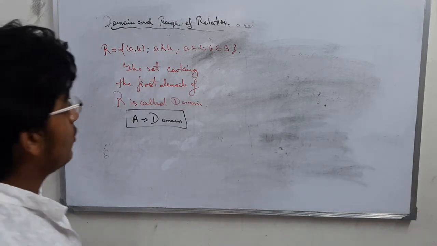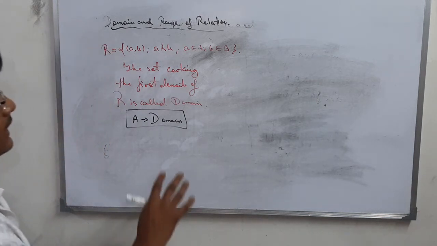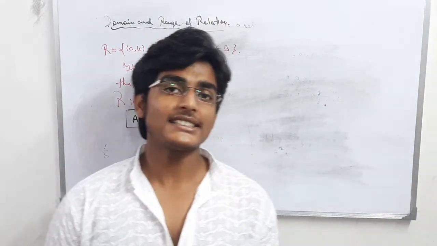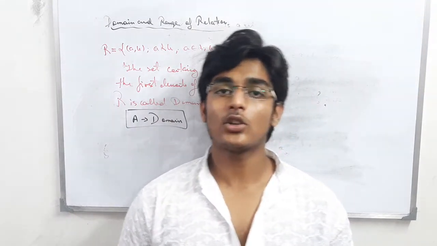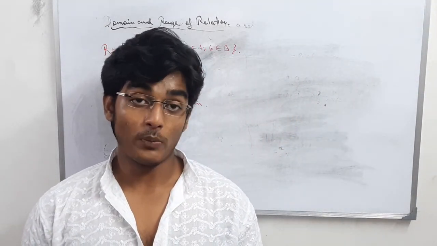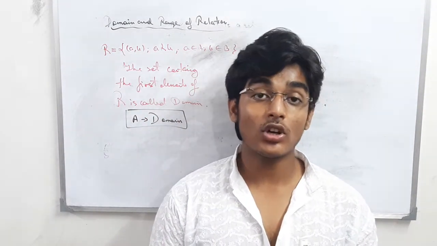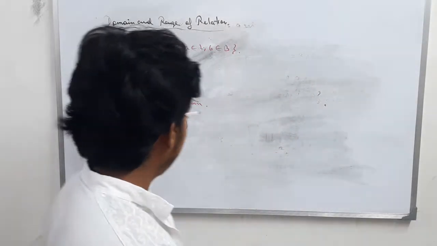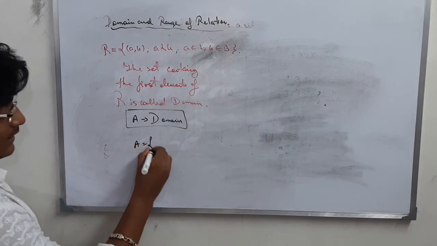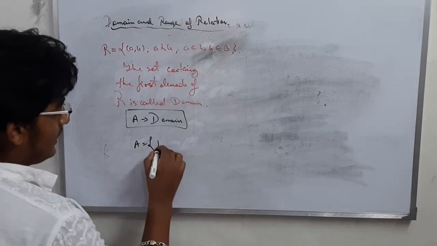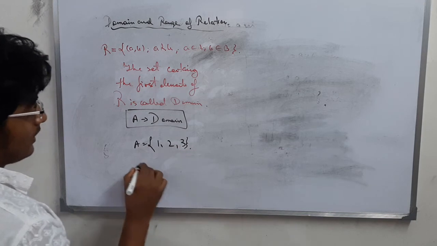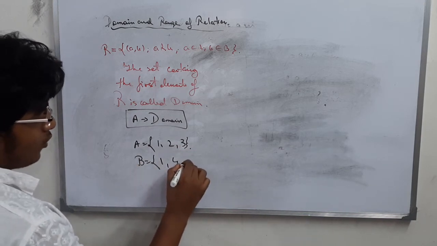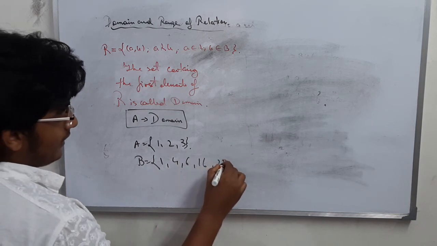Now one more thing: is the set A always the domain? No. Basically, set A is not always completely the domain. Reason being, suppose we are taking the previous example itself. A is 1, 2, 3 and B is 1, 4, 6, 9, 16, 25.